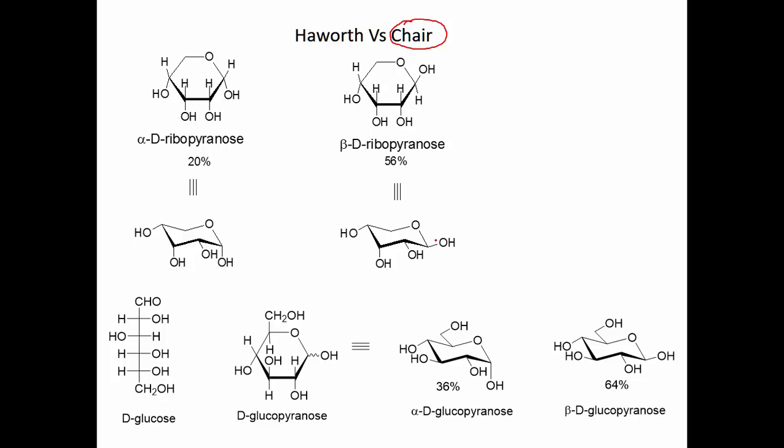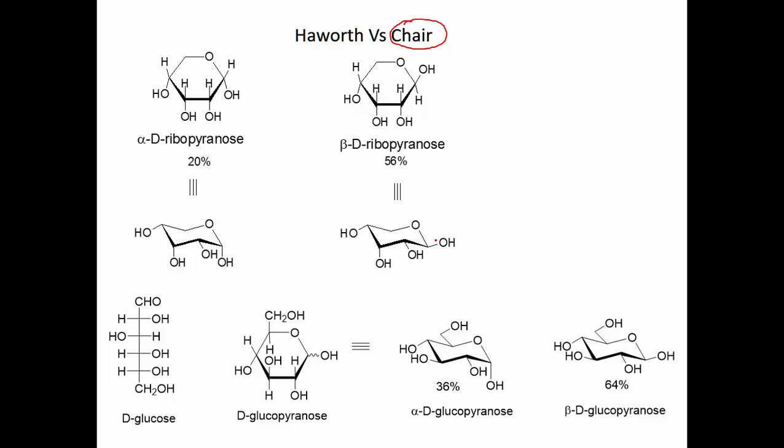Okay, so we probably remember, a long time ago in this class, that larger groups want to go equatorial, and that could be a reason here, but I'm going to just tell you that there are other factors at work.